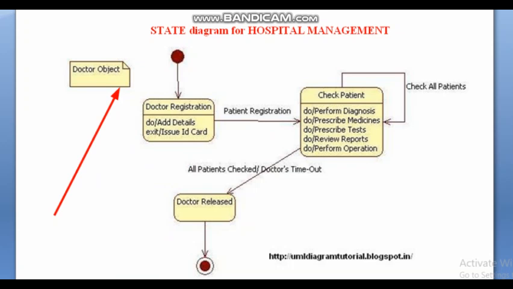The task is that the patient gets registered and we have to allot the doctor. Firstly the doctor is registered, the doctor will have his own details, and then the doctor can see the patient when the patient is registered.